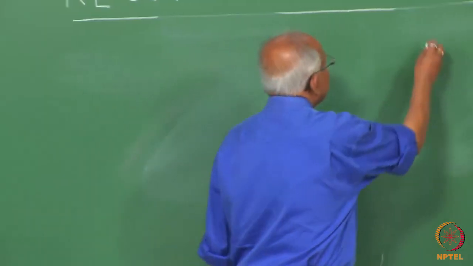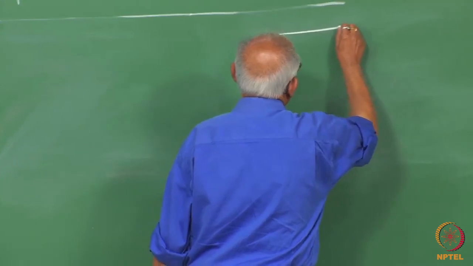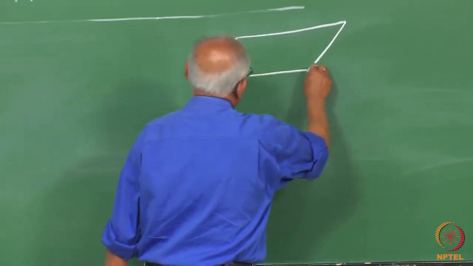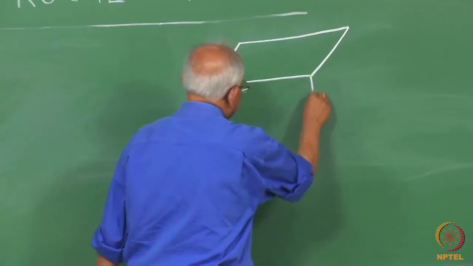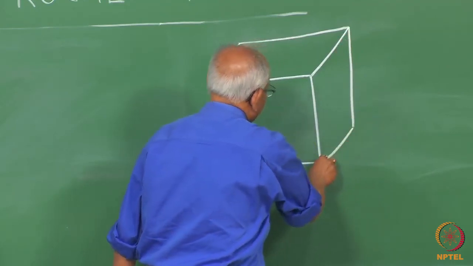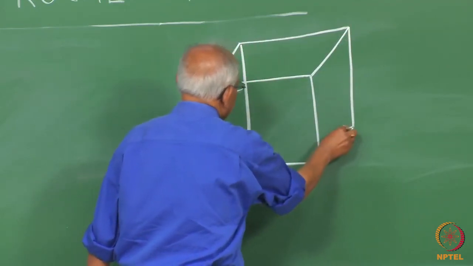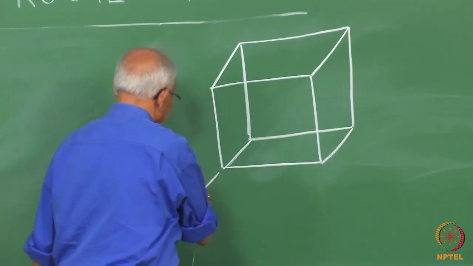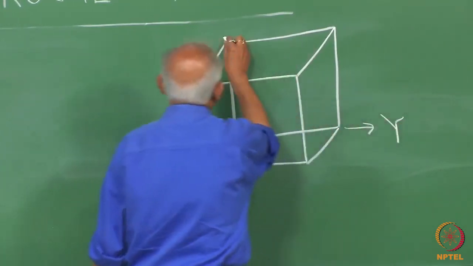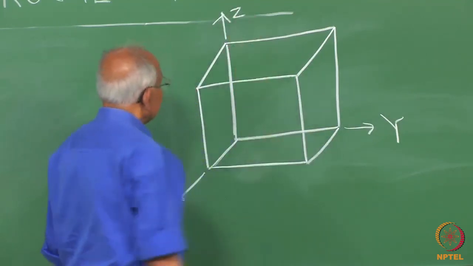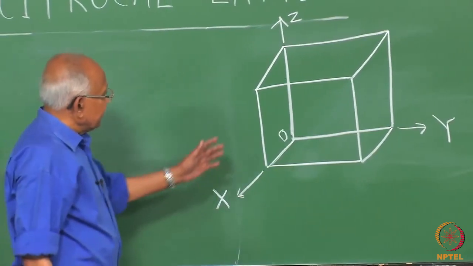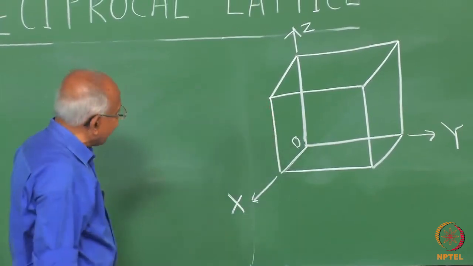Now, suppose this is a cubic unit cell in the real lattice.